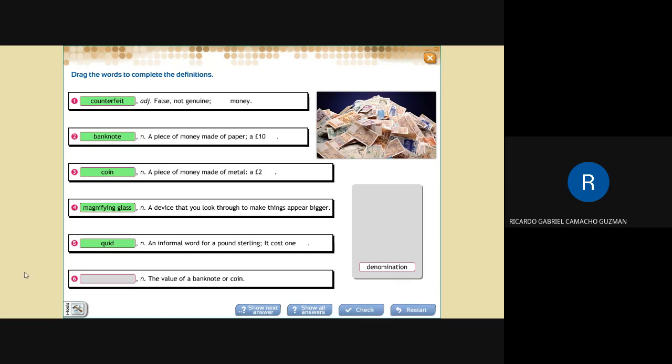As you can see, the material that we are using is related to British English. Something that you need to know is that English is worldwide. Sometimes you can find a person from the United States, the European Union, or the United Kingdom.